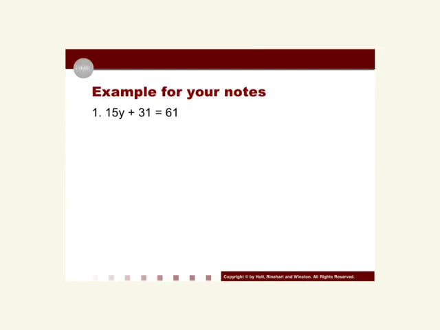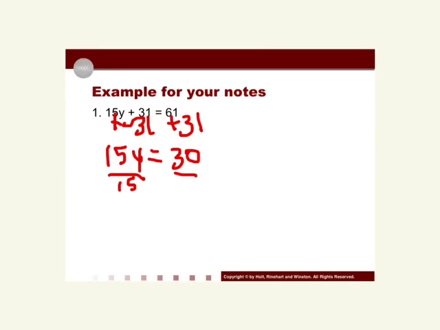Here's an example for your notes. What we do first is we're going to add a negative 31 to each side. So we get 15y equals 30. Divide by 15. So y equals 2.